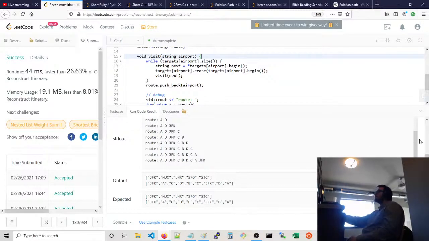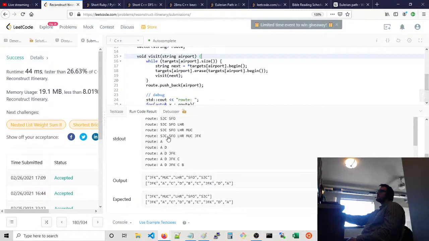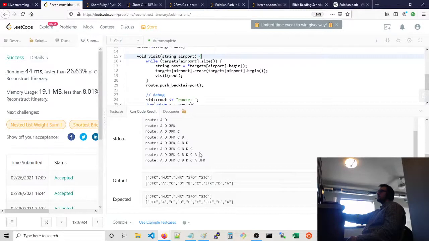What does this do though? So we do write A before we write D. That's what I thought. I thought we write A before we write D. And we write JFK before we write C. Then we write B, then D, then C, then A, then JFK. See, that's really interesting. We append JFK to the end, we append A to the end, C to the end, then D, right?